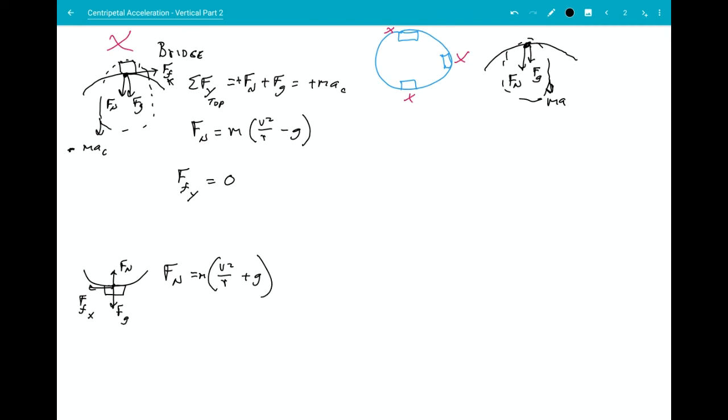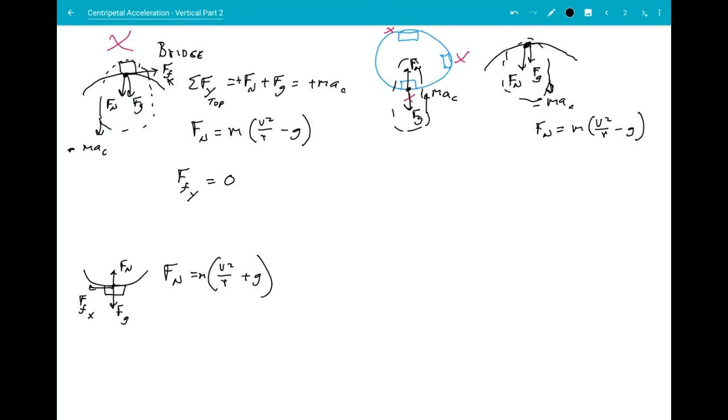This one is going downward, minus, and on the bottom, Fn's up, Fg is on the bottom, and all the centripetal forces are going upward. So that math does not change. So in this case, Fn is mv squared over r, this is just repetition, just for you to note.